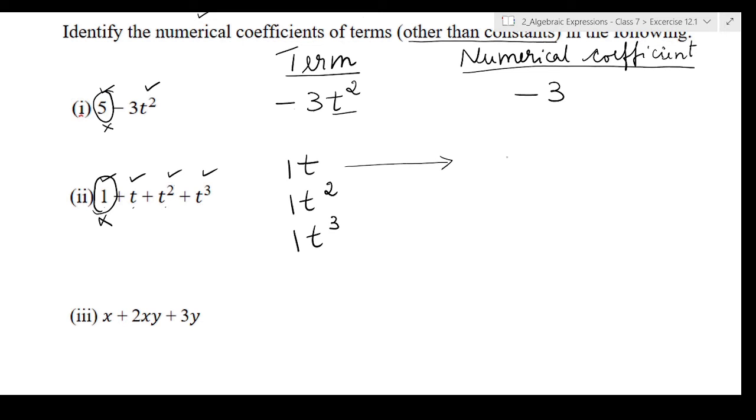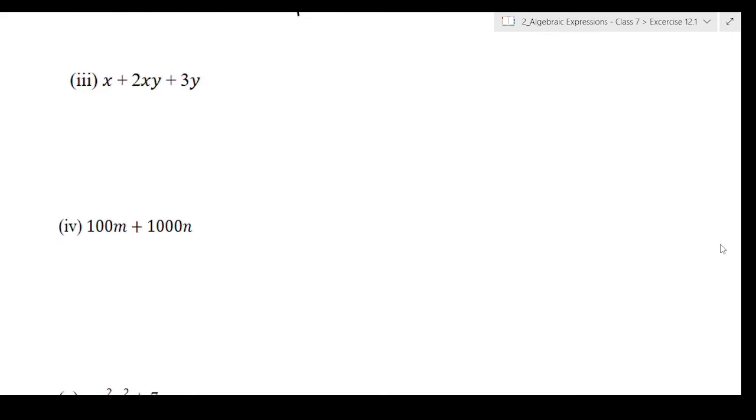The numerical coefficient is plus 1. In 1t to the power 3, what is the numerical coefficient? Again, 1 is the numerical coefficient. You should only take the numbers of these terms. Okay. Going to the next problem.